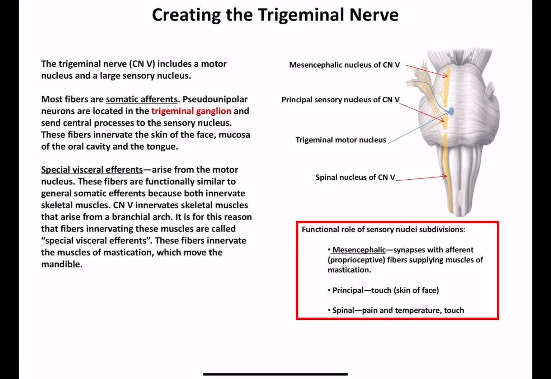For example, when we talk about the tongue, the anterior 2/3 has taste sensation, which is a special sensation collected by the facial nerve. The posterior 1/3 is collected by the glossopharyngeal nerve, and anything left behind, like around the epiglottis area, is collected by the vagus nerve. So 7, 9, 10 collect it: anterior 2/3, posterior 1/3, and the rest, taste-wise.